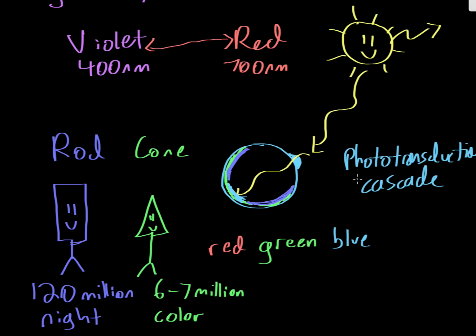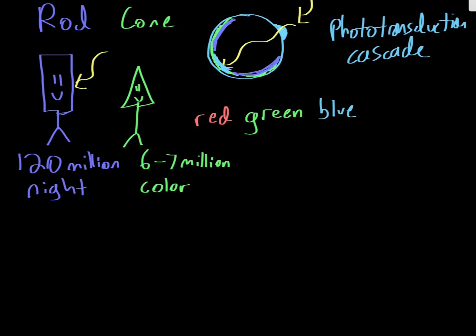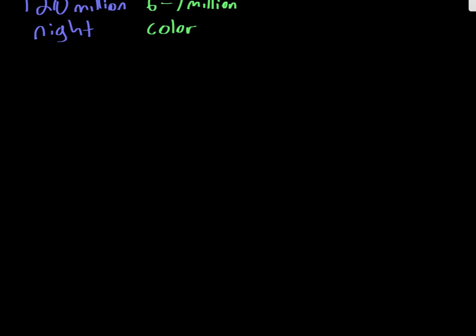This phototransduction cascade is basically a set of things that occurs as soon as light hits a rod or a cone. As soon as light hits this guy, the light wave triggers this phototransduction cascade. We're going to go into it in the next video, but let's skip over it for now, just so that we can explain what occurs at the end of the cascade.